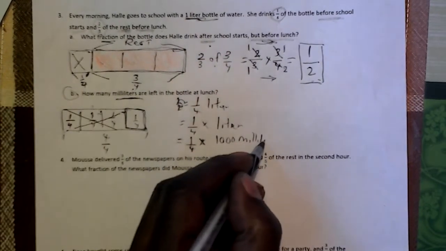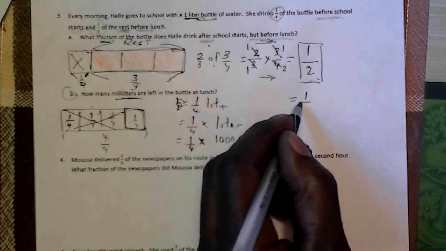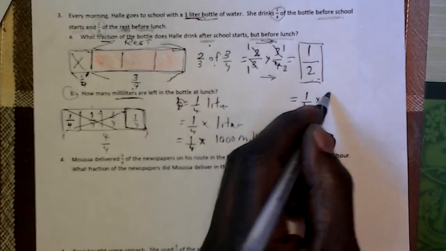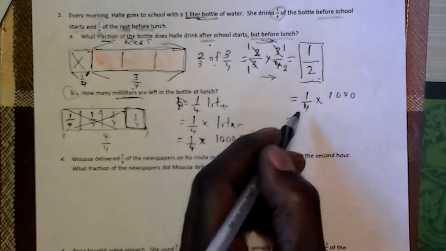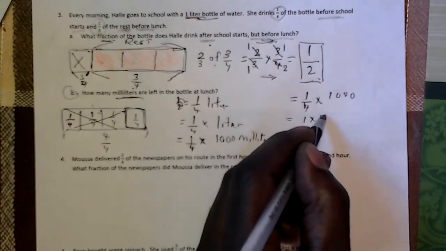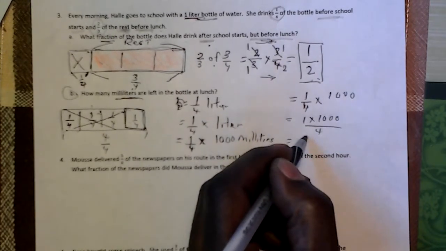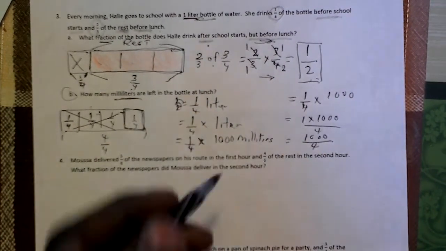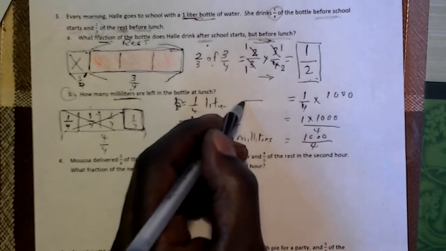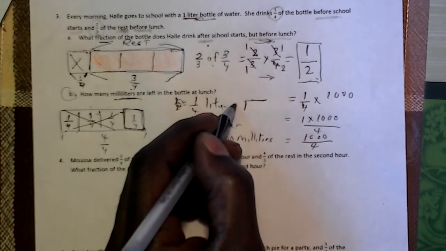I can't even spell it. Liters. Okay, let's go over here, and that equals 1/4 times 1,000, which equals 1 times 1,000 over 4, which equals 1,000 divided by 4, right? I can do it in my head, and I'll show you.